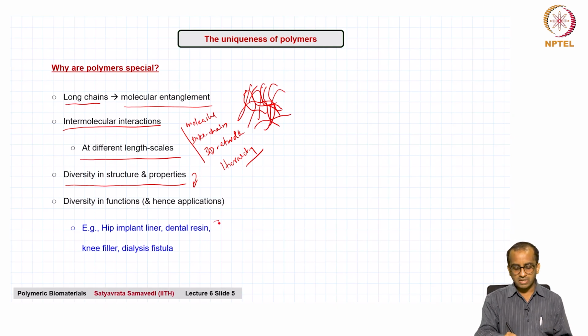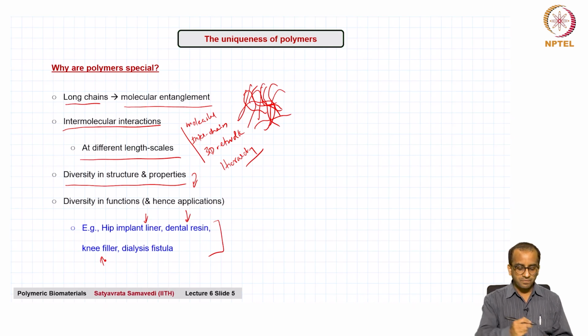So, just as an example, we have seen some of these things earlier. You can think of a hip implant liner, you can think of dental resin, you can think of a knee filler, you can think of a dialysis fistula. One is an orthopedic application, actually both of these are.